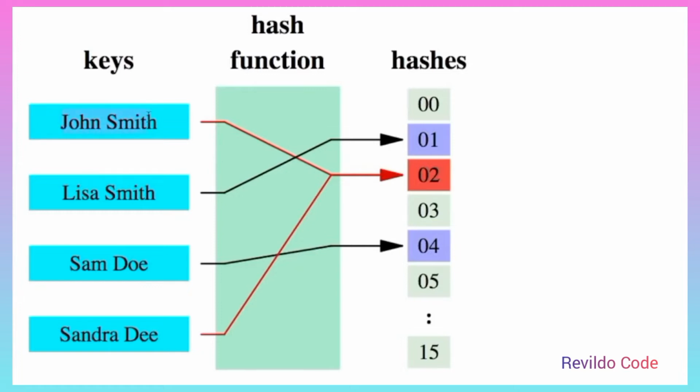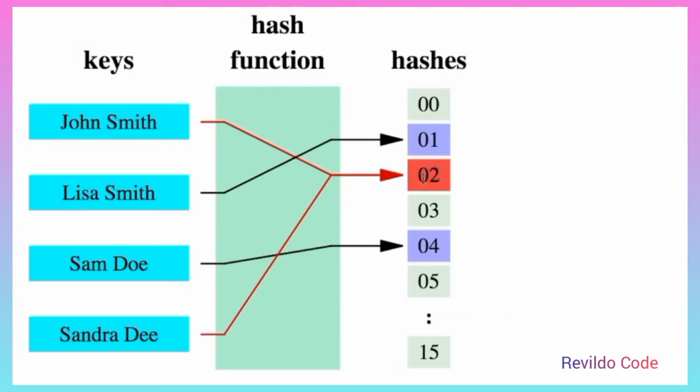You can see in this example, John Smith gets hashed to 2, Lisa Smith gets hashed to 0, Sam Doe 4, and then Sandra D also gets hashed to 2. So this is a collision because both of these names, once they run through the hash function, get turned into the same number or the same index for the array.